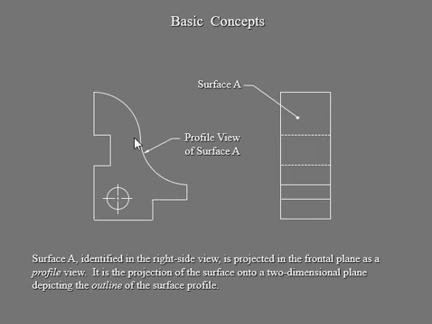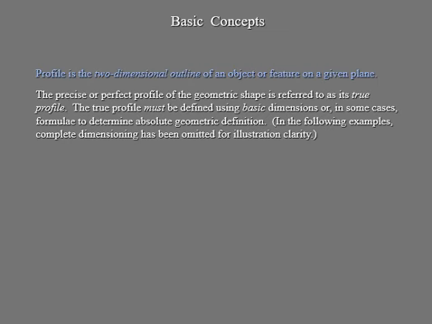So it is your projection of the surface onto a two-dimensional plane, and we can see the outline of that surface profile. So that's your basic concept. The profile is again your 2D outline, and this is very important.